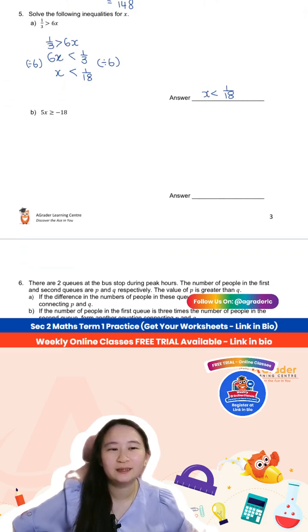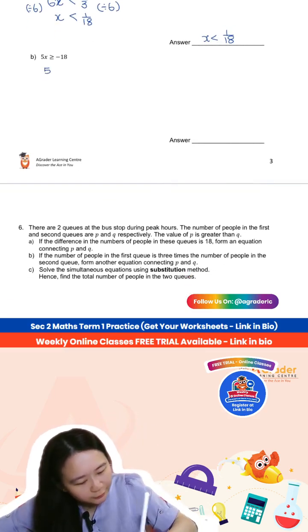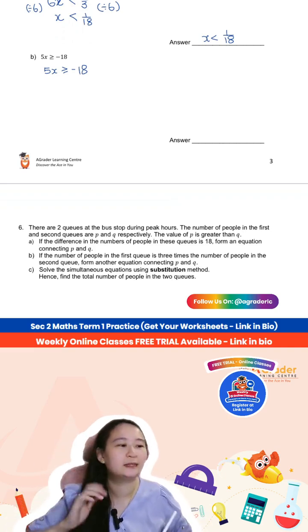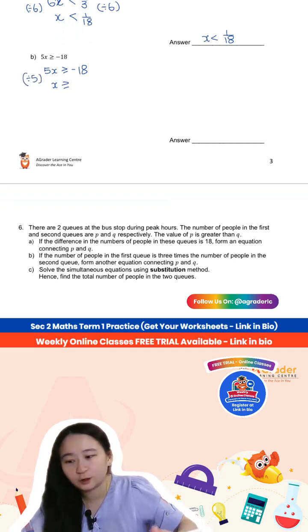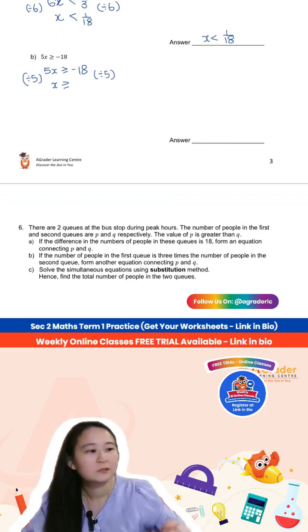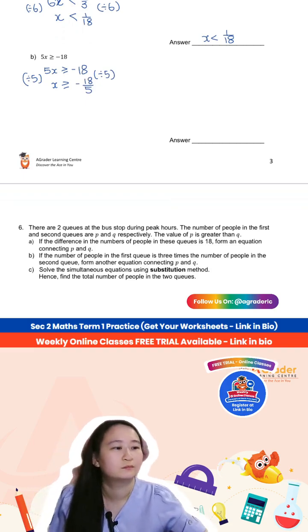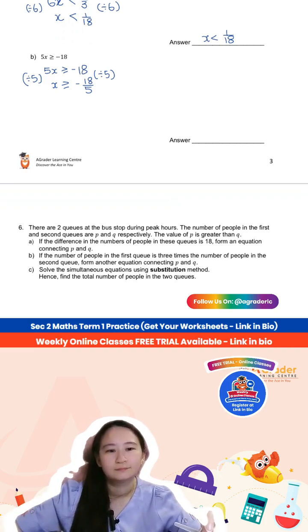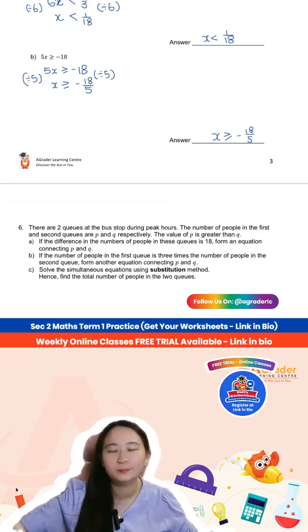Can you try part B? Actually, part B also quite straightforward. 5x greater than or equals to negative 18. So for you to find x, you just need to divide by 5 on both sides. So negative 18 divided by 5 is just negative 18 over 5.